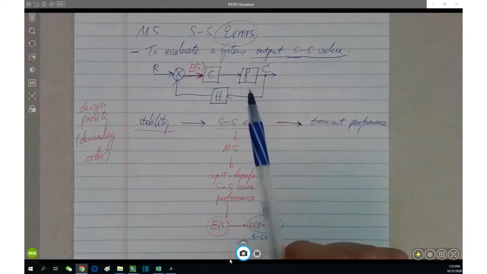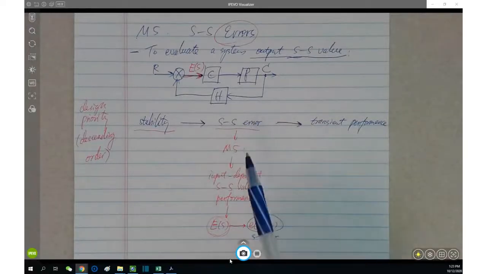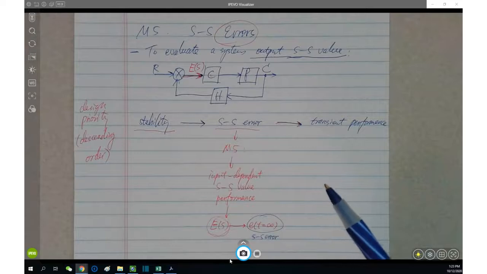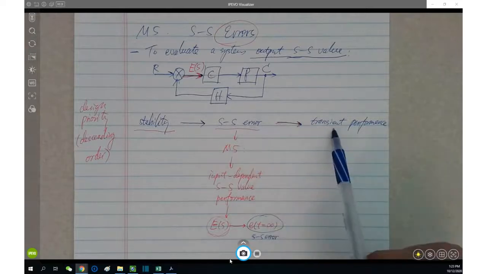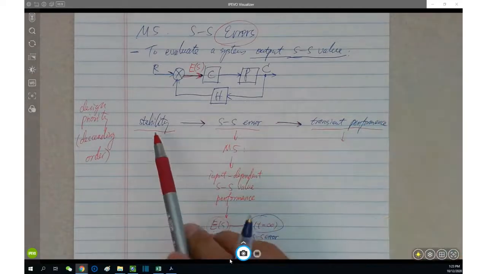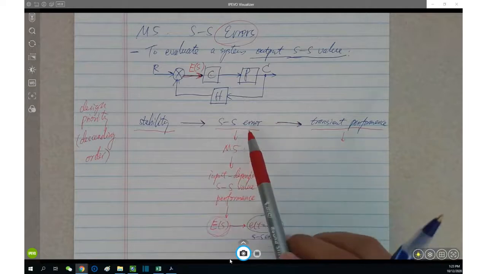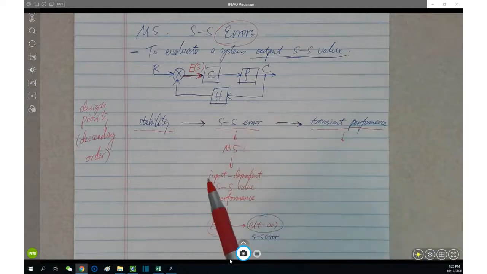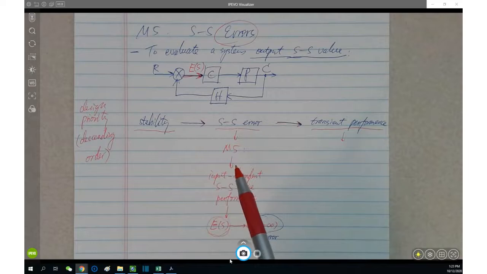Stable, okay, we go ahead to see the steady state value performance. Very nice. Further, we go to the transient performance. In other words, if the system is stable, but the steady state error is terrible, which means your steady state value performance is poor, guess what?